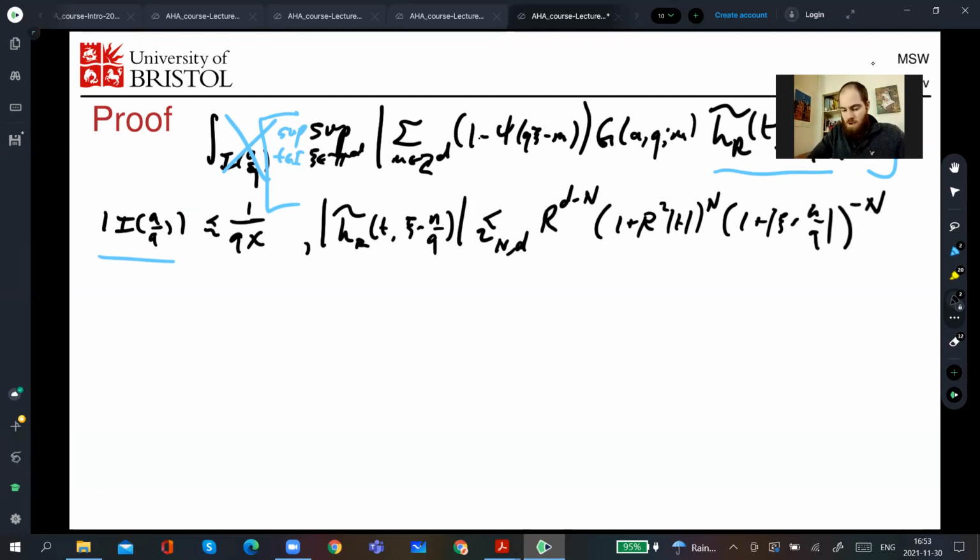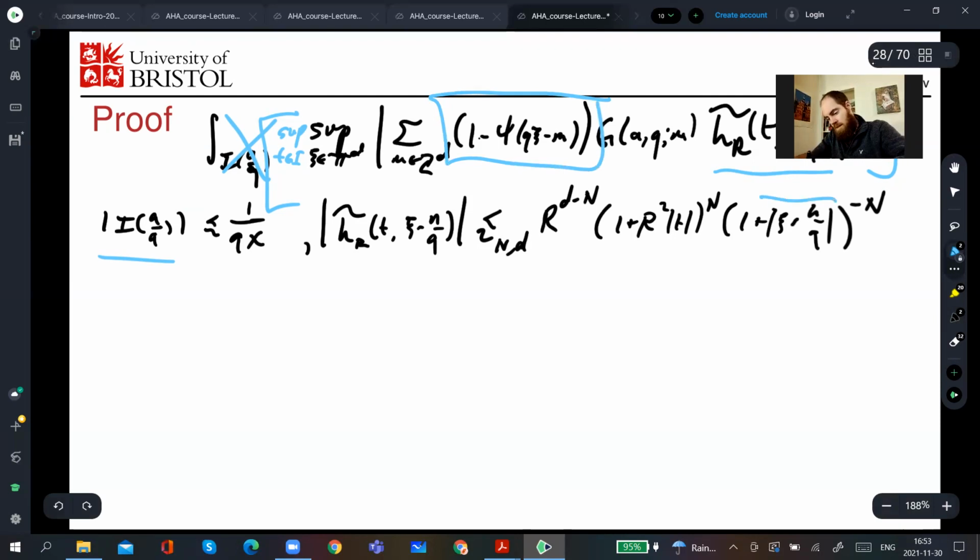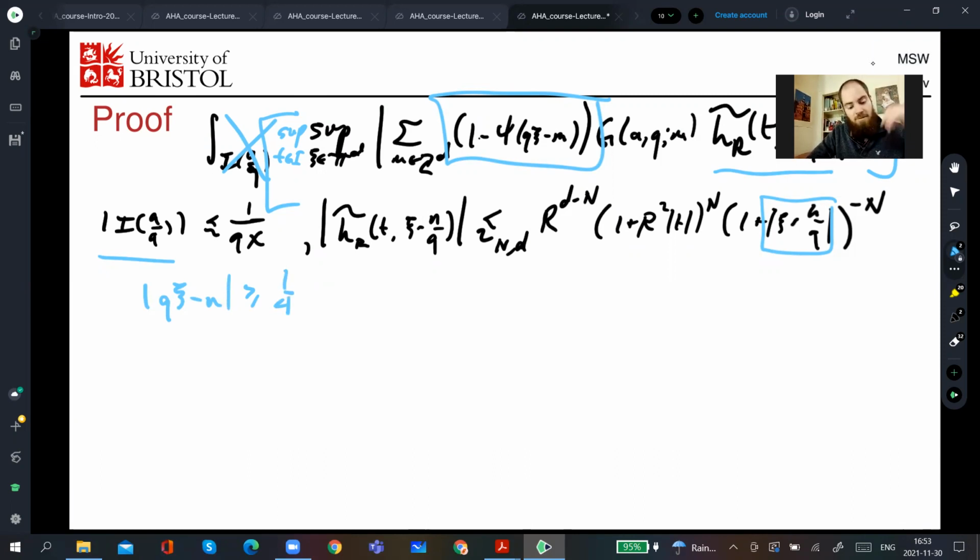Now, what do we have here? Well, the distance between this point c and n over q is bounded from below. In particular, we know that q times c minus n is always, say, greater than or equal to 1 over 4, or maybe even a half or something like that.